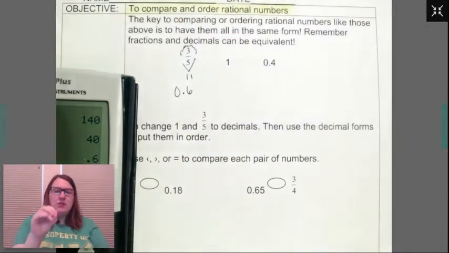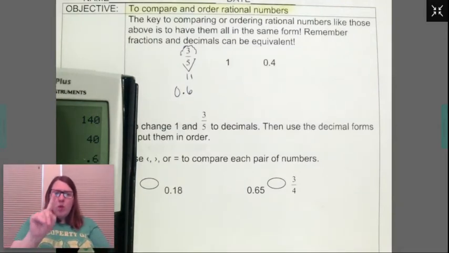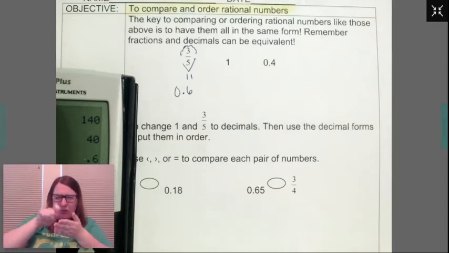Okay, I can add that 0 as a placeholder to remind me. Okay, 1. How do I change that to become a decimal? I just add the decimal and the 0 afterwards. That's always there, but I don't need to write it.